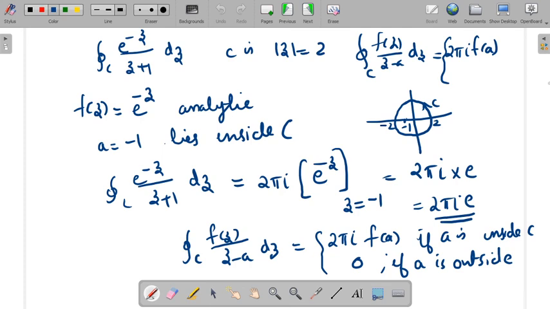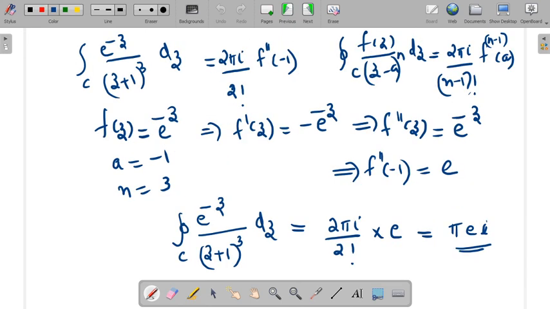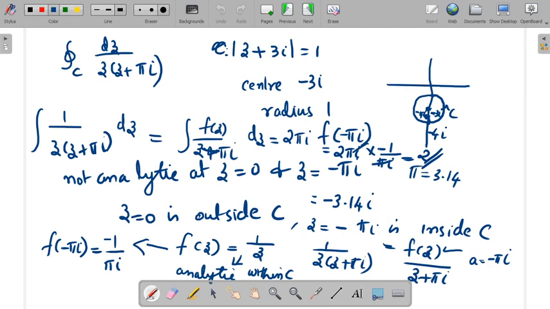So given a function, the first thing you will check is whether the denominator is a linear factor or a power of linear factor. That is either in the form z minus a or z minus a raised to n. So power ഉണ്ടെന്ന് വെച്ച് കഴിഞ്ഞാൽ ഡെറിവേറ്റീവിന്റെ ഫോർമുല അപ്ലൈ ചെയ്യാം. പവർ ഇല്ലെങ്കിൽ 2 pi I into f of a എഴുതാം.